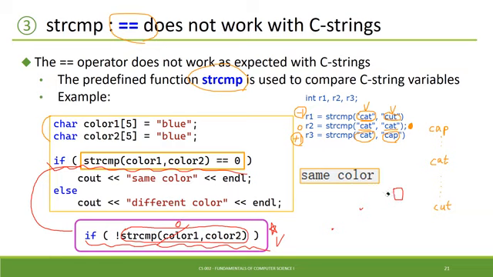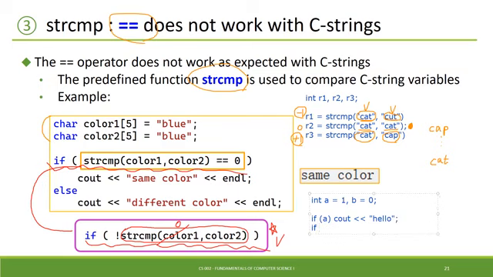Let me get to this one. Let's have A is 1. B is 0. If A, cout hello.